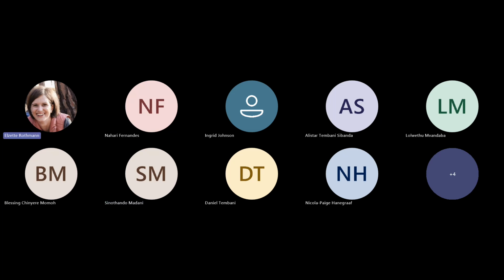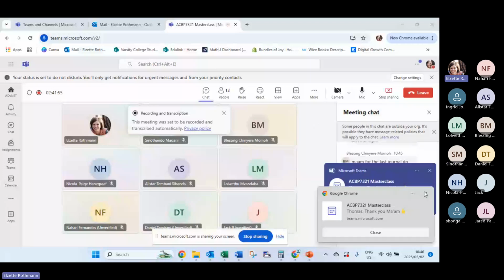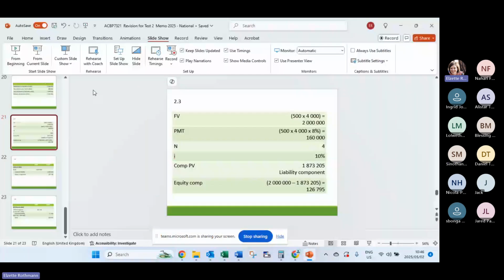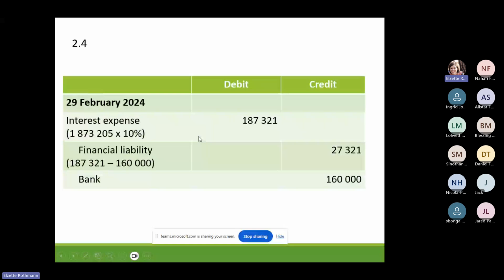And then there's another question for the last journal. Do you debit or credit the balancing figure? I'm quickly going to share my screen again. Okay, so for that last journal, for this specific scenario, you are crediting the balancing figure. But if this was a scenario where the debentures are convertible automatically, then your future value will be 0.